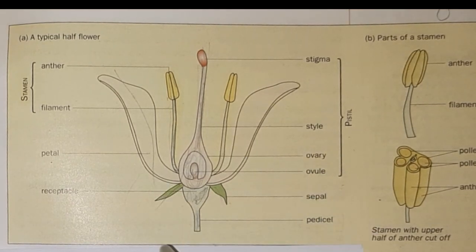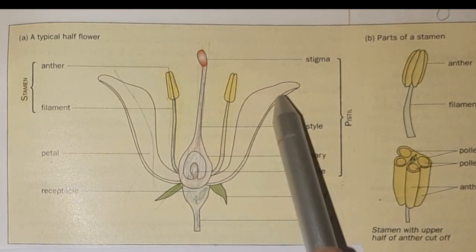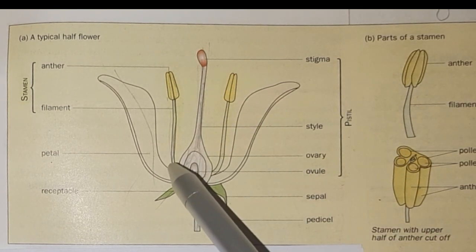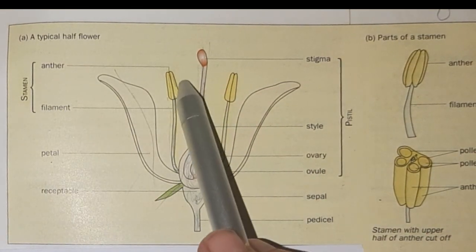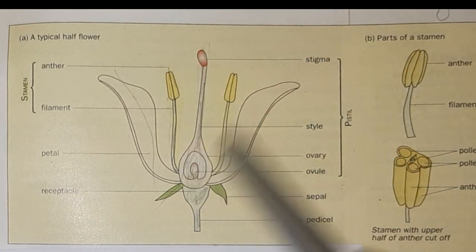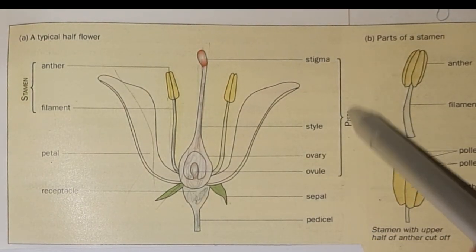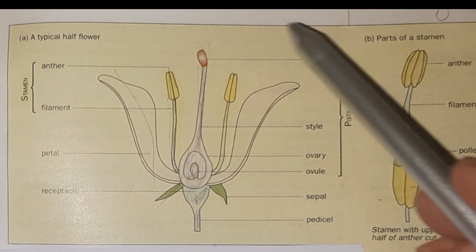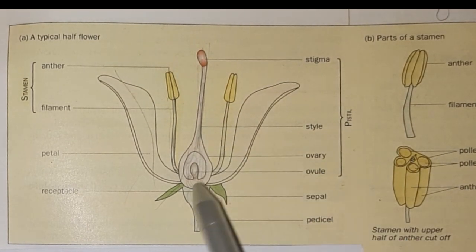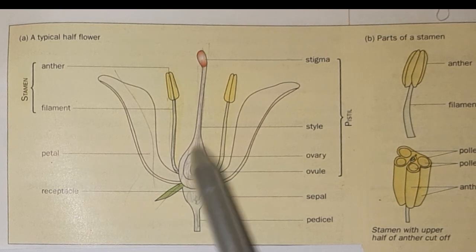These are the floral parts: these are the sepals, these are the petals, and these are the male part, that is the stamen, anther and filament, and this is the female part, the pistil. Altogether it is called the pistil. This is the stigma, this is the style, and this is the ovary, and this ovary has the ovule inside.